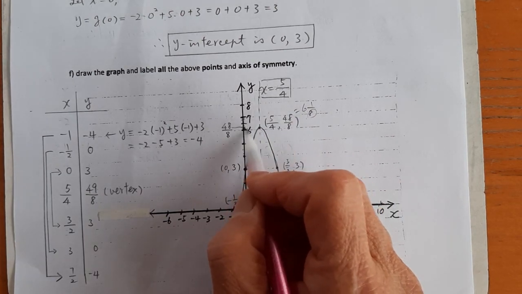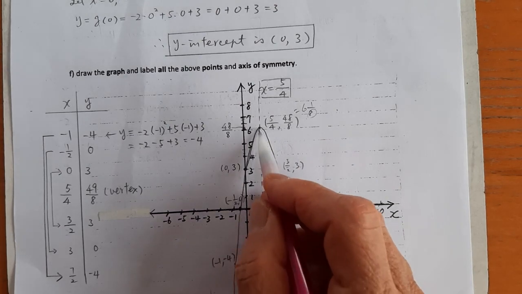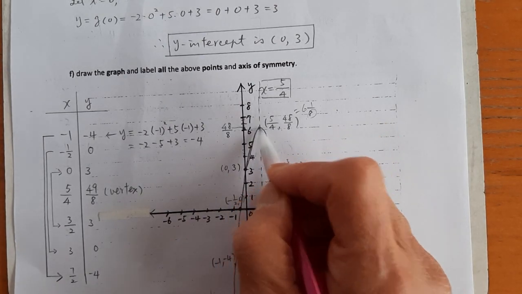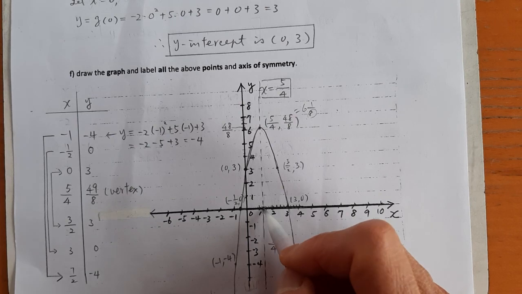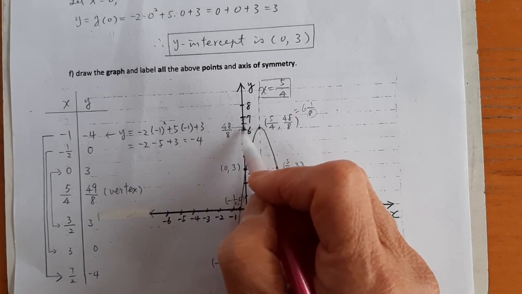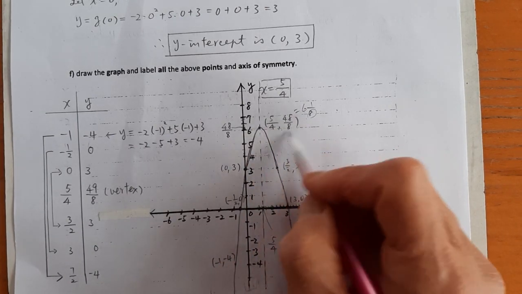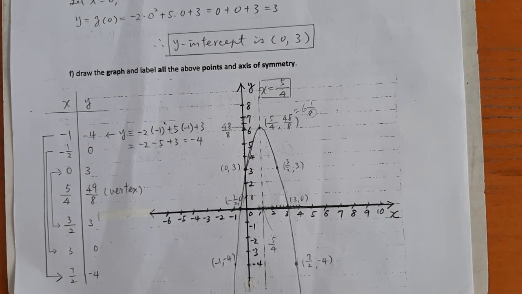The x-coordinate is 1 and 1/4 and the y-coordinate is 6 and 1/8. That's the vertex.